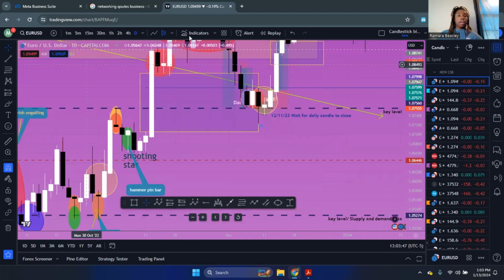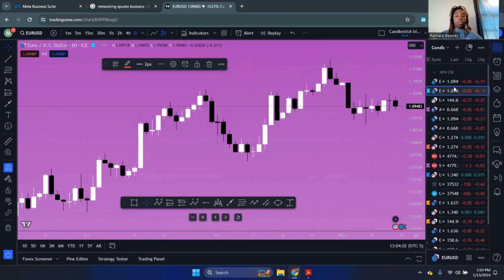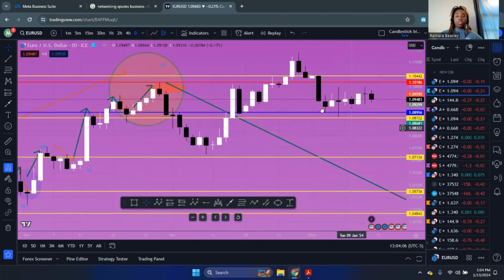But here we have that pin bar. This is my arrow. We had the hammer pin bar letting us know it was bullish. Okay. Looks like this was at a level and then she went up. So let's look at it on another EU chart. I don't want to confuse us.